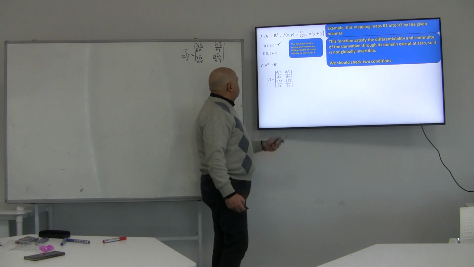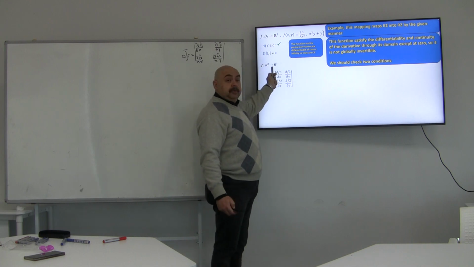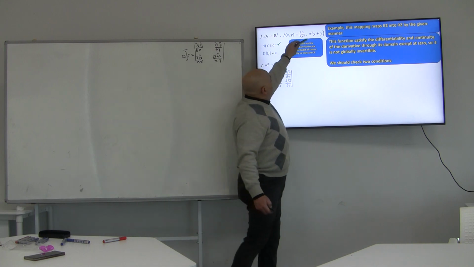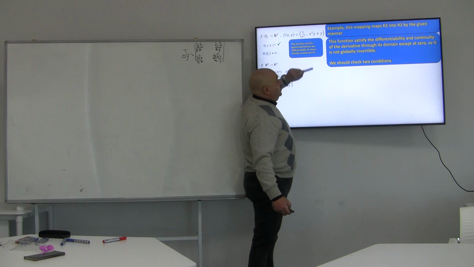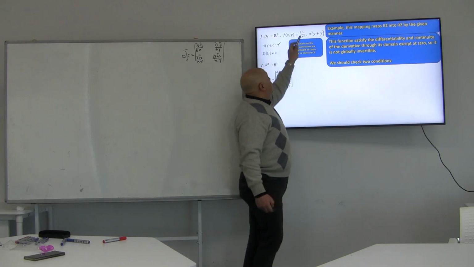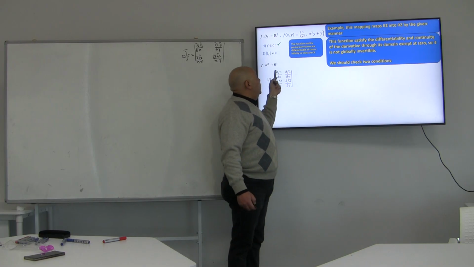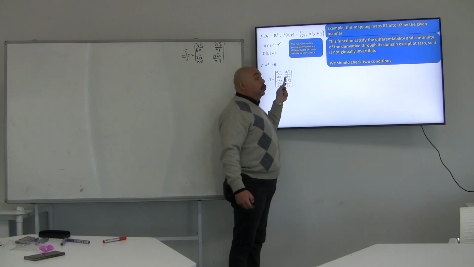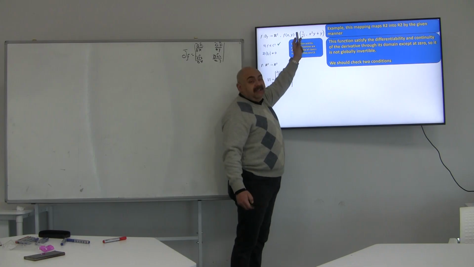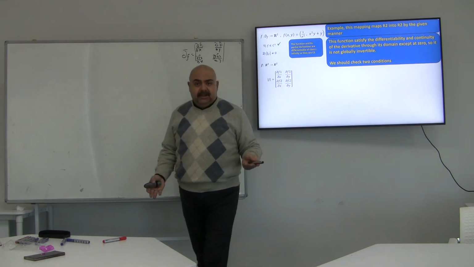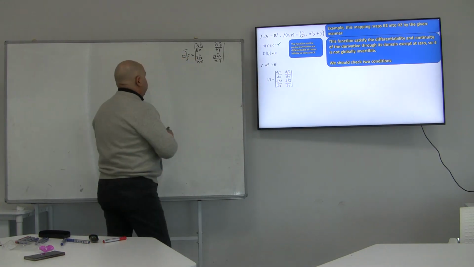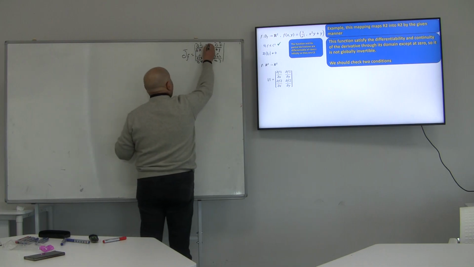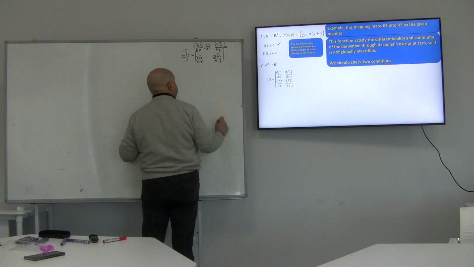So I would start from R2 to R2. F1 stands for the first function, which is 1 over x squared. I will differentiate with respect to x, so it's going to be negative 2 over x cubed. Then I will differentiate with respect to y, and there is no y here, so it's going to be 0.